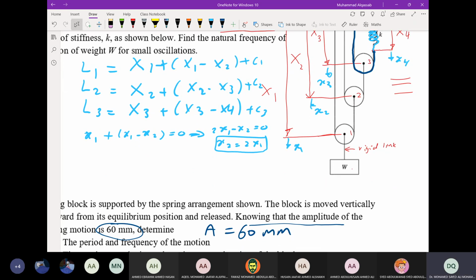Since we are looking for the change in position, not the actual position of the pulleys. And this will lead to x3 equal to 2x2 and x4 equal to 2x3. Those are the kinematics equations.